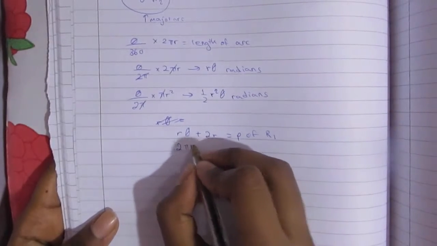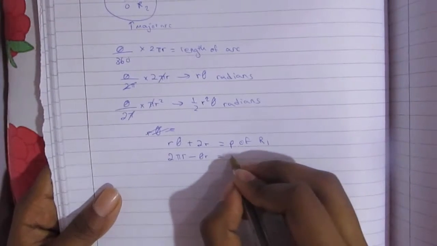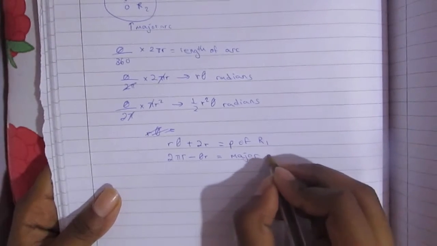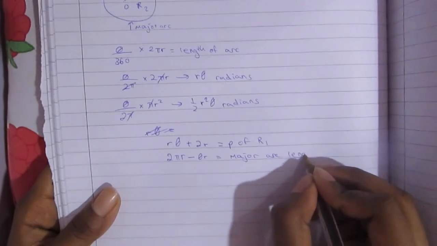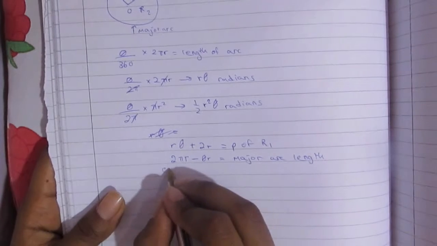And now I want to find the length of the major arc, right? So we all know the circumference of a circle is 2 pi r. So 2 pi r minus r theta, which is the minor arc, will end up giving you the major arc, and that's it.